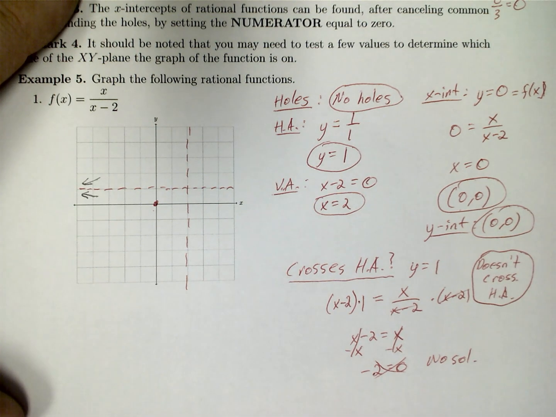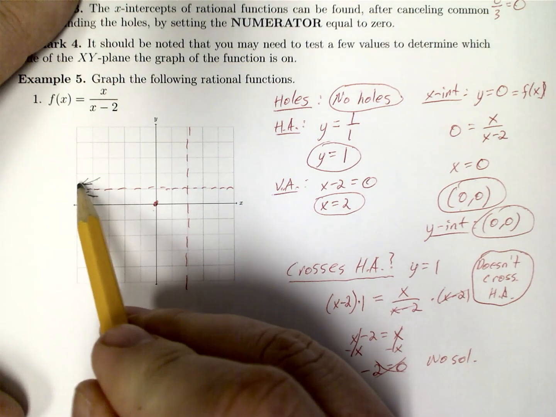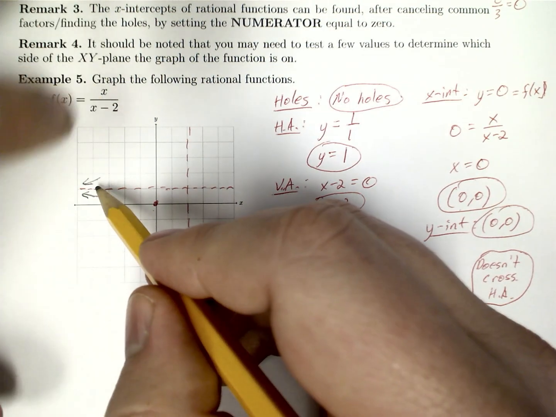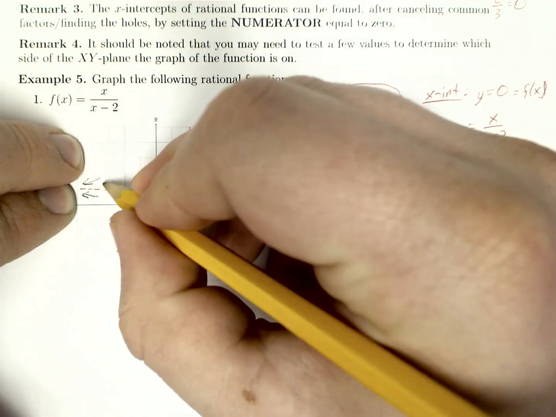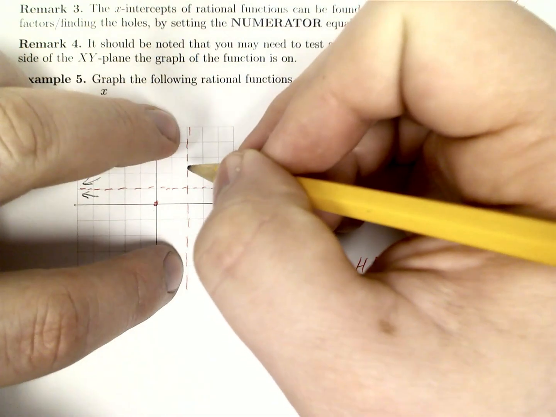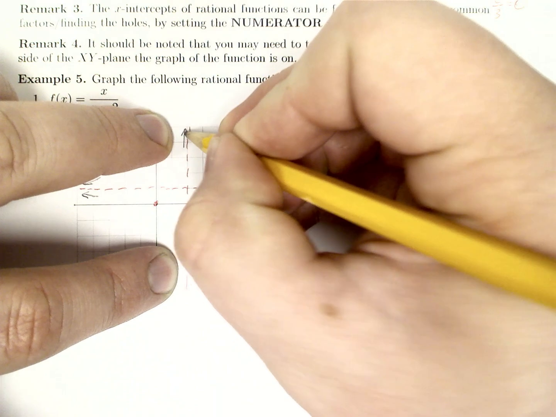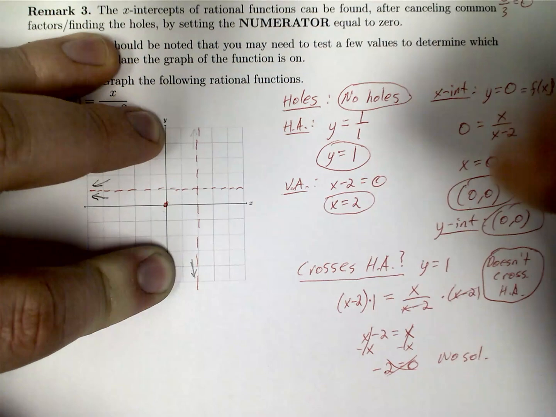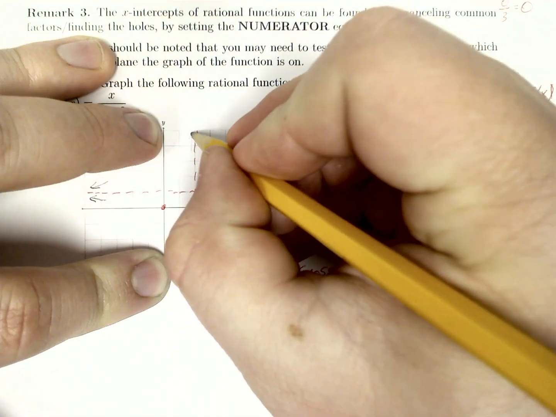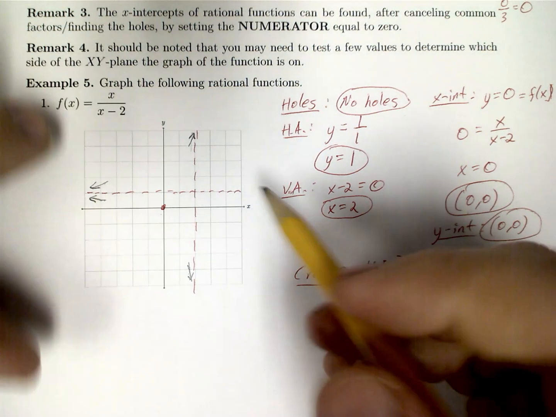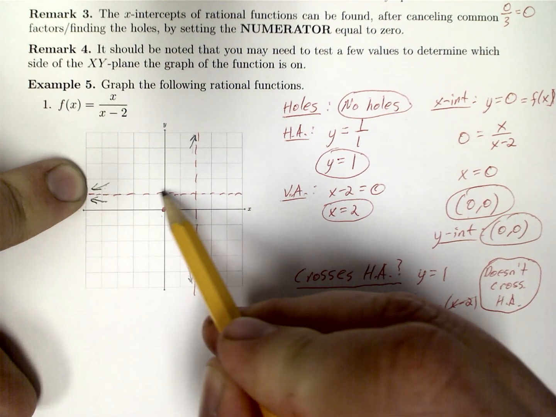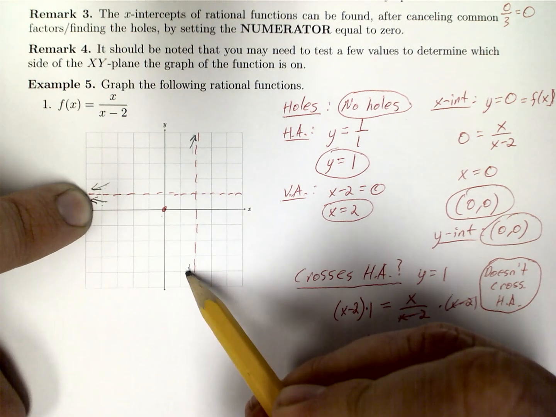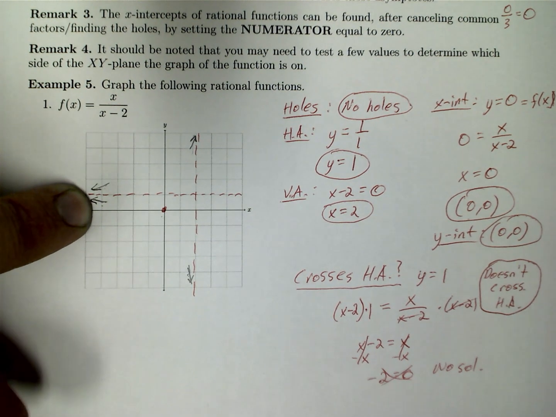So we know that it doesn't cross the horizontal asymptote. That's crucial information. And we know that it either starts from here or here. What else do we know? We're going from arrow to arrow. Where's the next arrow? It's on this side of the vertical asymptote. So we have to go from here to here, or down here from this arrow to this arrow, because there's a horizontal asymptote and we don't cross it. Logically, it has to be one of those.